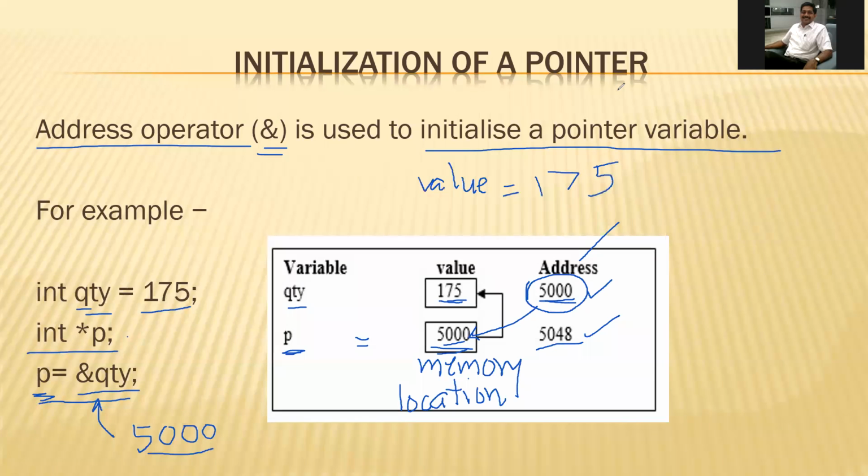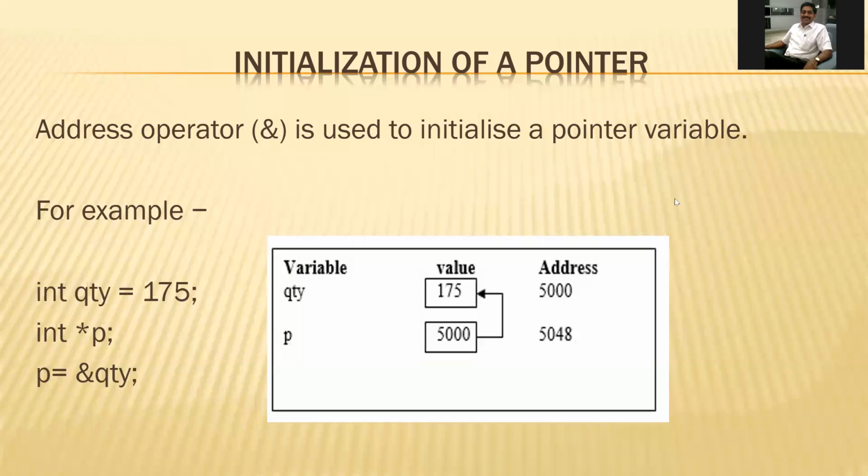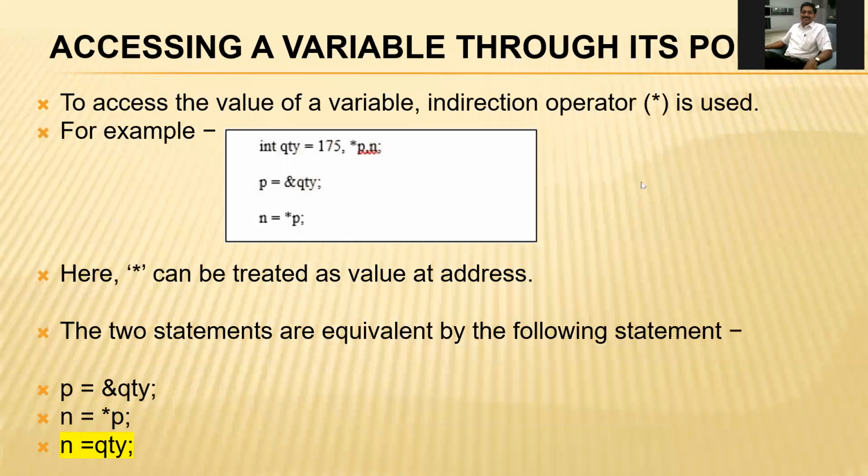How can we do this? Let us see the same example, on how to access a variable through its pointer. To access the value of the variable, the indirection operator star is used. Star is called the indirection operator.